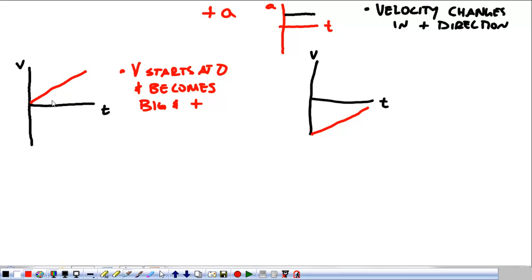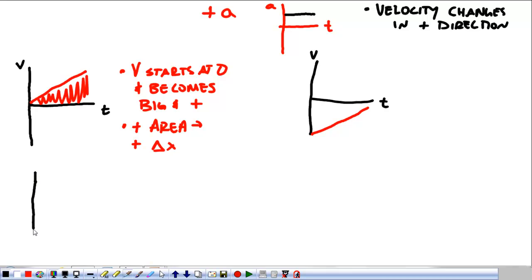And looking at this, the area of this graph is all positive. So what I can say is that we have a positive displacement from this graph. So my velocity starts at 0 and becomes more positive.